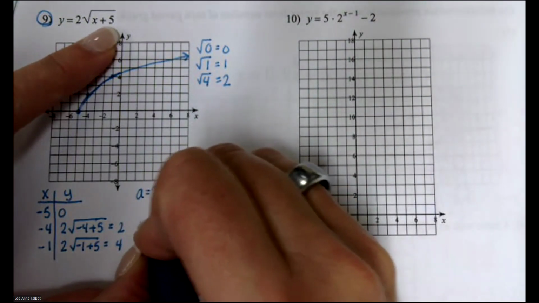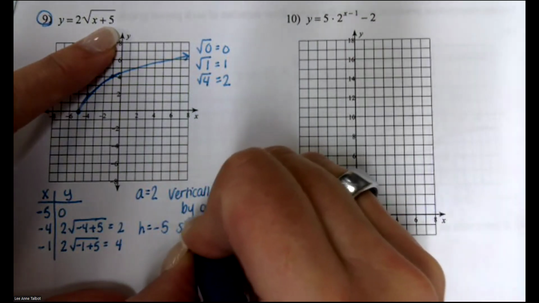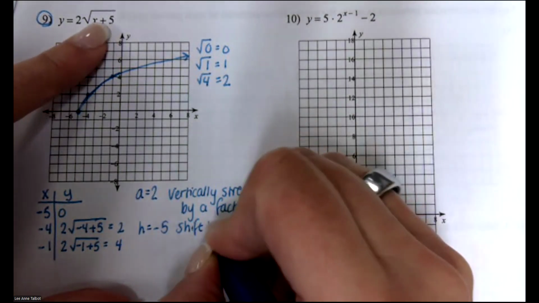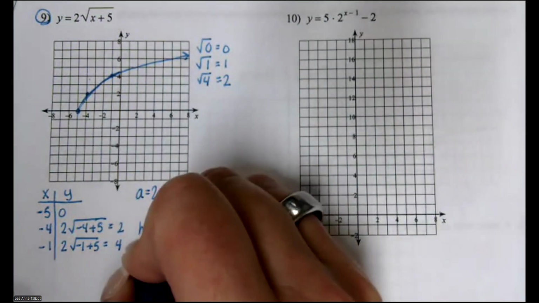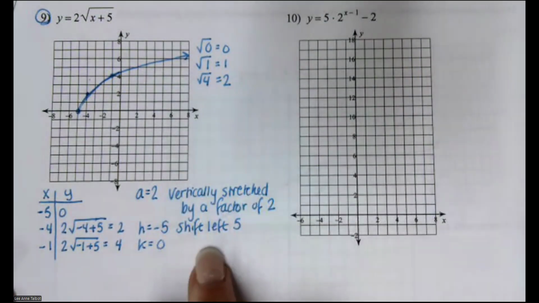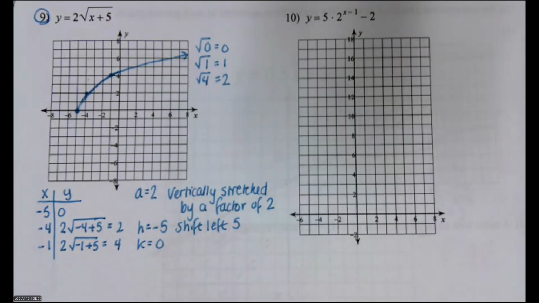H is -5. Yep, shift left 5. And then K is 0, but we don't need to put a transformation in there because we did not shift it up or down at all.